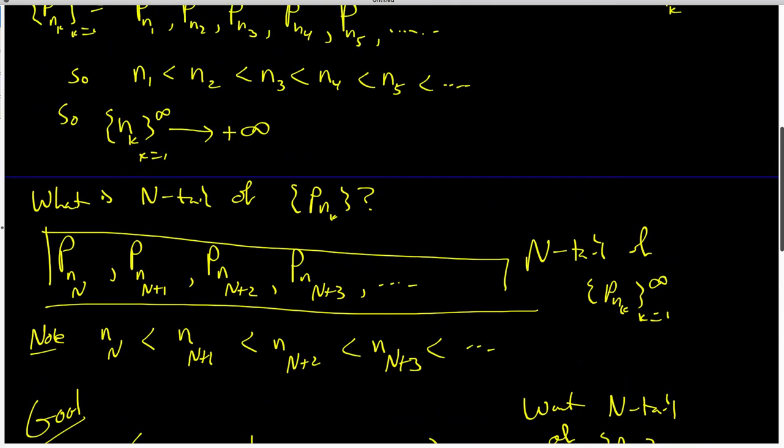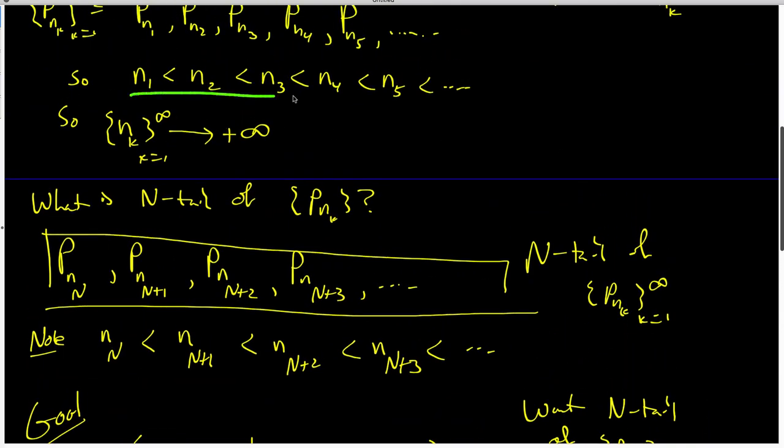We know that these n_k's are marching off to positive infinity. And what that means is that eventually I'm going to have some n_k that's going to be at least as big as capital N1. And that's going to let me focus in on what my capital N is going to be.